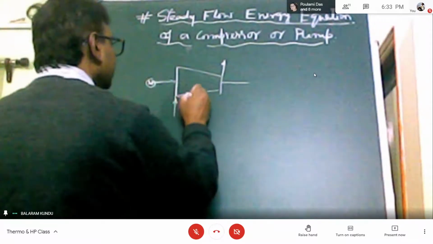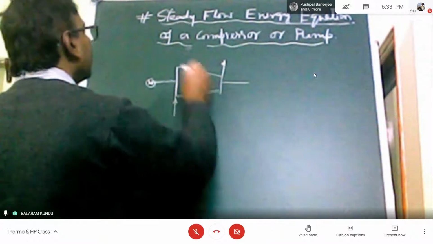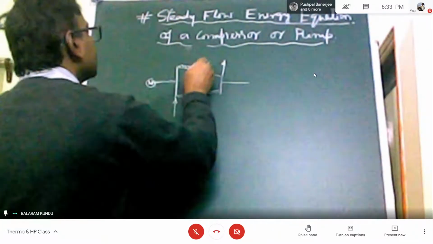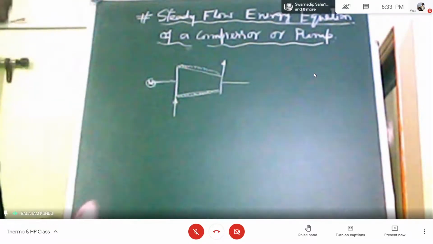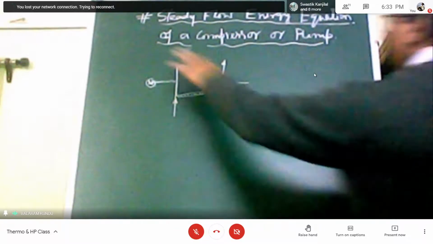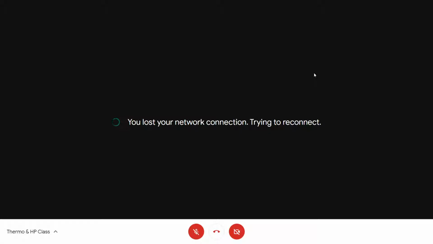Heat transfer may be there between the surface of the compressor and the surrounding, since a temperature difference is there. To minimize this heat transfer, we can consider insulating material here. And the compressor work, say WC or WP, you can denote.